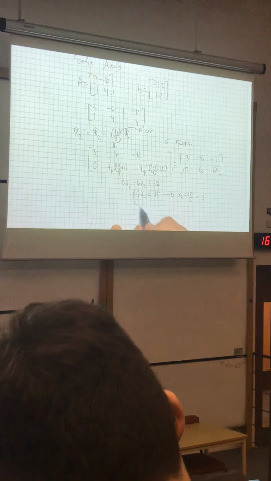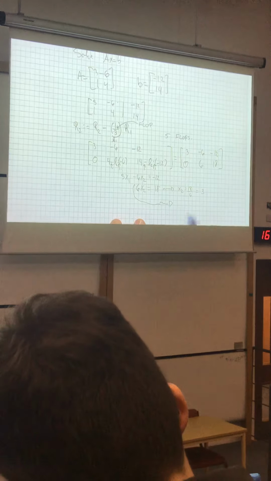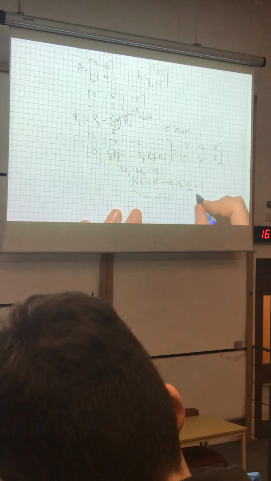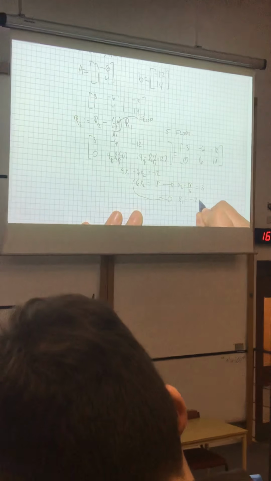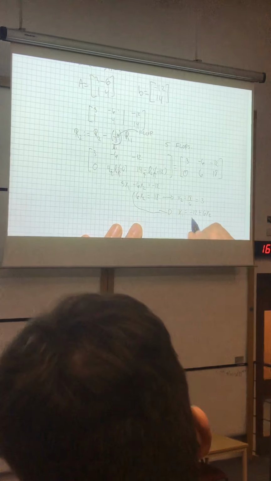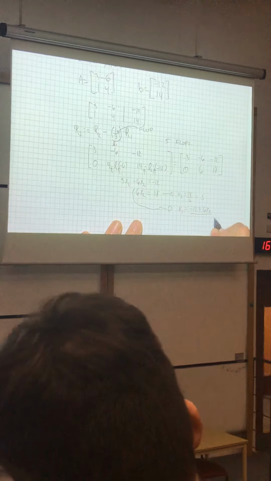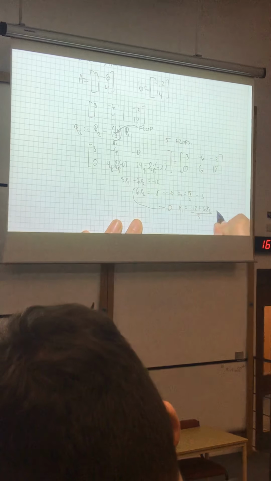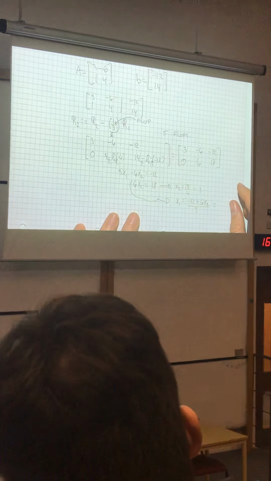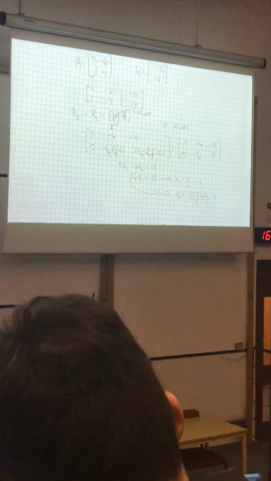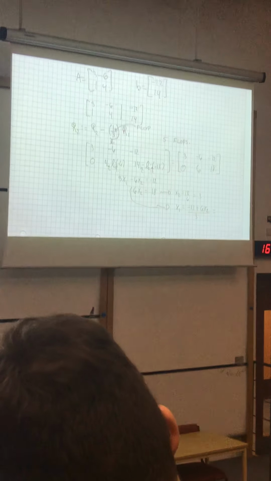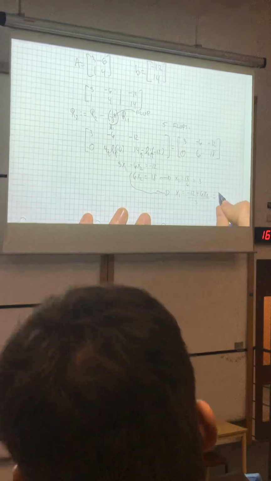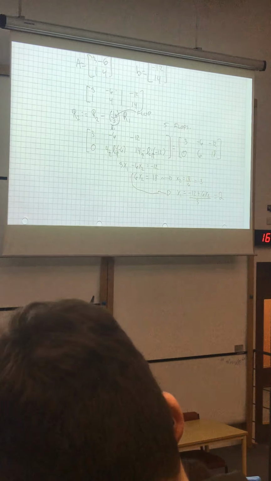And then from that one, we have x1 is minus 12 plus 6x2 over 3, which should be 2, I believe. Is it 2? Yes, it's 2. Good, good.